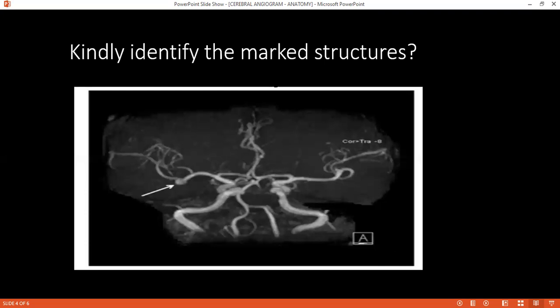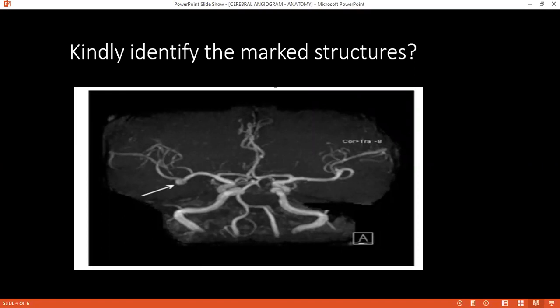Yes, when it enters the skull, it gives the posterior inferior cerebellar artery, anterior spinal artery, posterior spinal artery, and makes the basilar artery. The posterior cerebellar branch is given to the cerebellum.